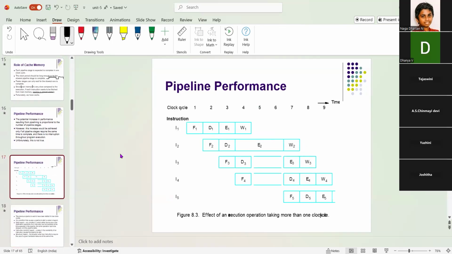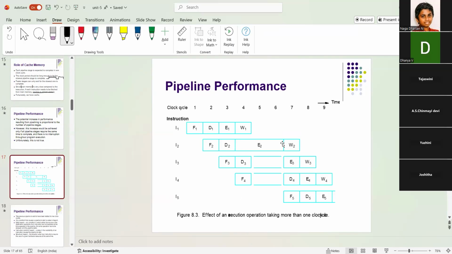Okay, so let's look at this now. Earlier when we saw the four stage pipelining, it got over in 7 clock cycles, right? We did 4 plus 4 minus 1, which was 7 clock cycles. Now if you see here, it takes 9 clock cycles. So what is causing this delay?